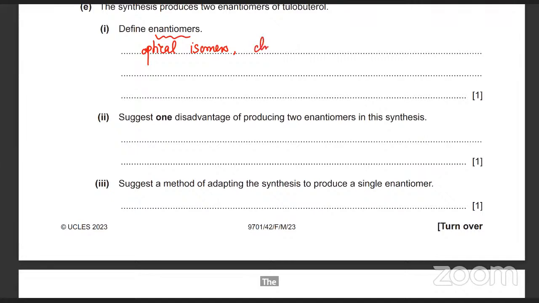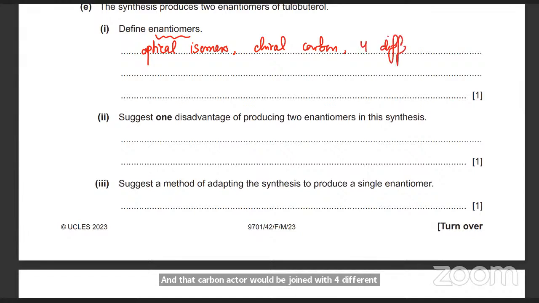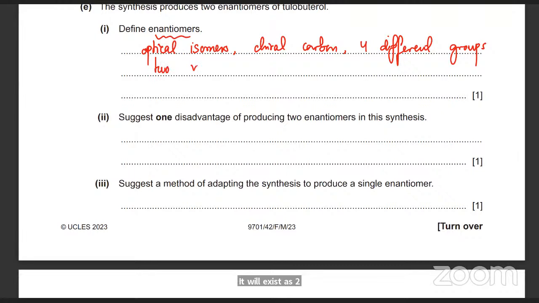So you need a chiral carbon atom, and that carbon atom would be joined with 4 different groups. What will that lead to? It will exist as two non-superimposable mirrored versions.